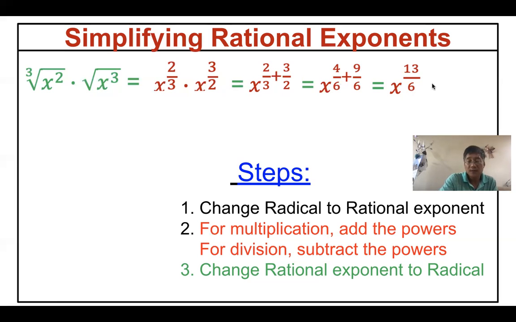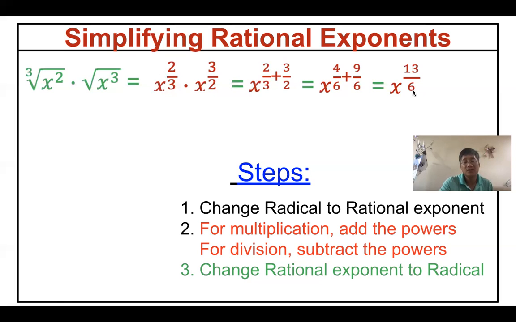Now, when you have a rational exponent in the last step, change it back. You should change it back to the radical form. How do you change it? Now look at this. If it is an improper fraction, numerator is bigger than denominator, right?